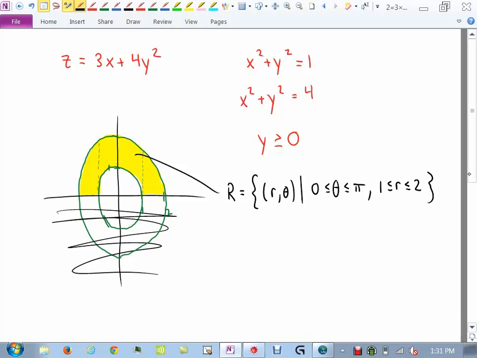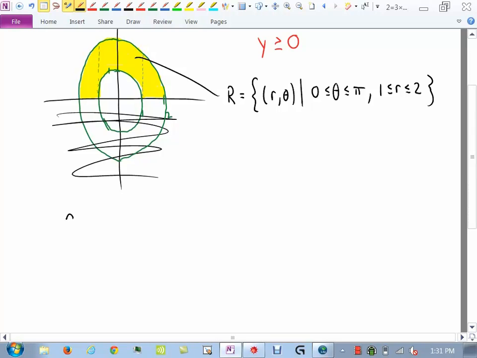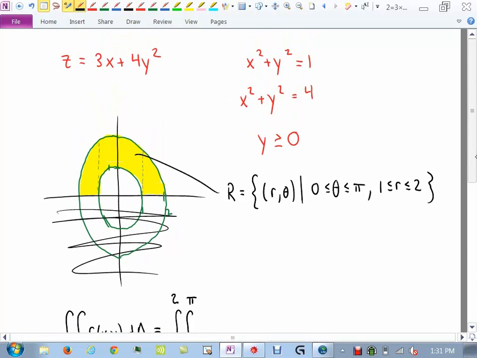So the double integral can be set up. My double integral over this R of f of x, y, dA, now being turned into a polar double integral, becomes a double integral. Now my limits of integration are going to start with what? Let's go A and B. So 1 and 2. Then alpha beta, 0 pi. And then the function evaluated at, well, it's supposed to be 3x plus 4y squared, right?